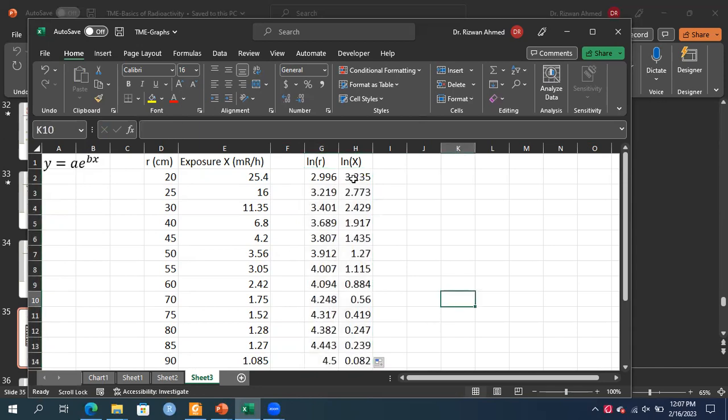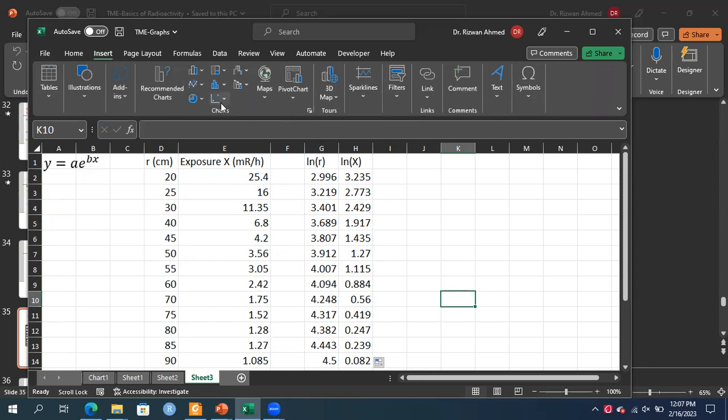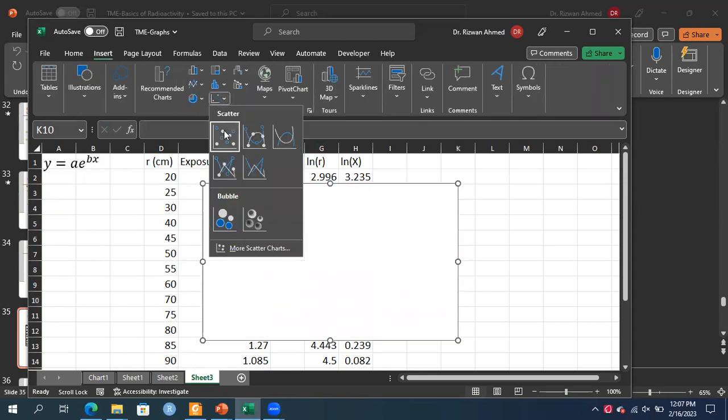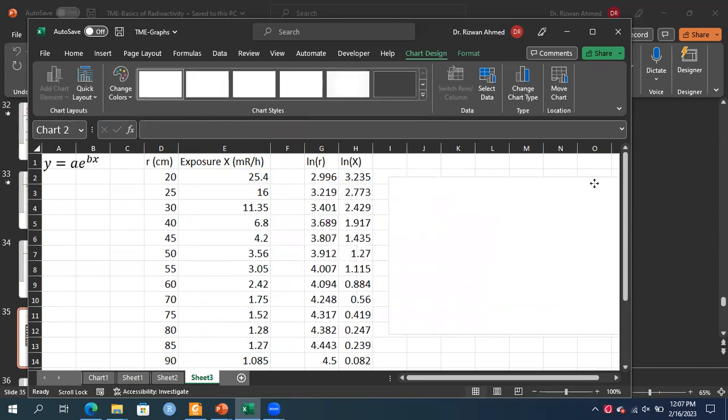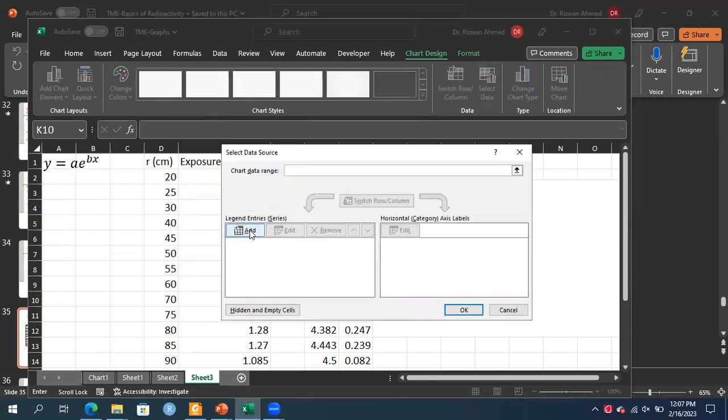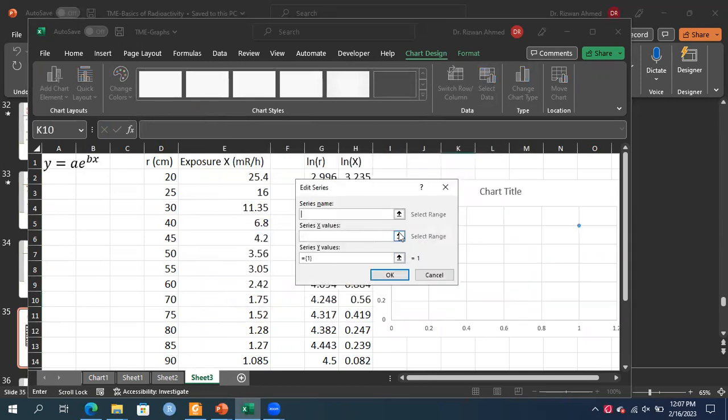And now I plot x and y in terms of the log of r and log of x. So again, I insert a scatter plot. Select the data values, add a series.